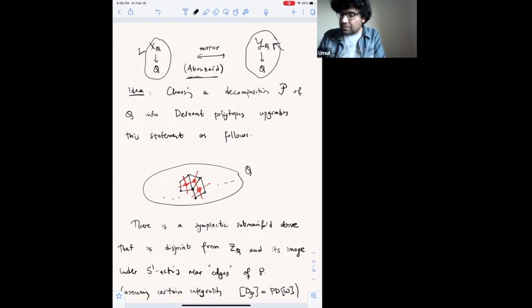And what I want to do is upgrade this mirror symmetry statement to something with a little bit more structure. This actually follows the general philosophy of mirror symmetry, where you're not supposed to have two things that are mirror to each other.